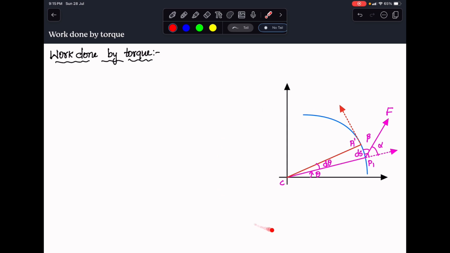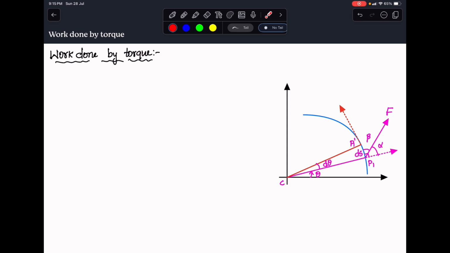Such a particle is initially at its position P1, let me suppose, where its angular displacement is given by theta. Later, after some time t, for a small angular displacement d theta, it came forward to P1 dash.